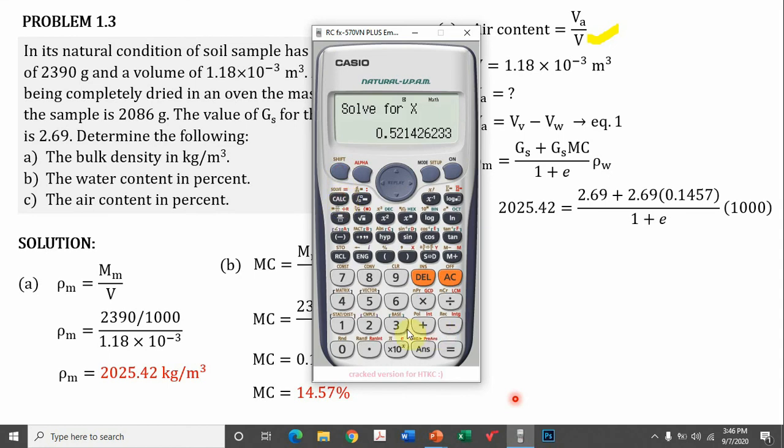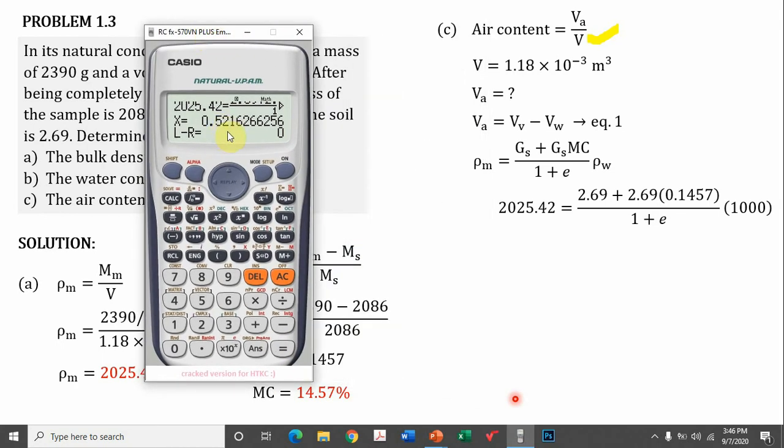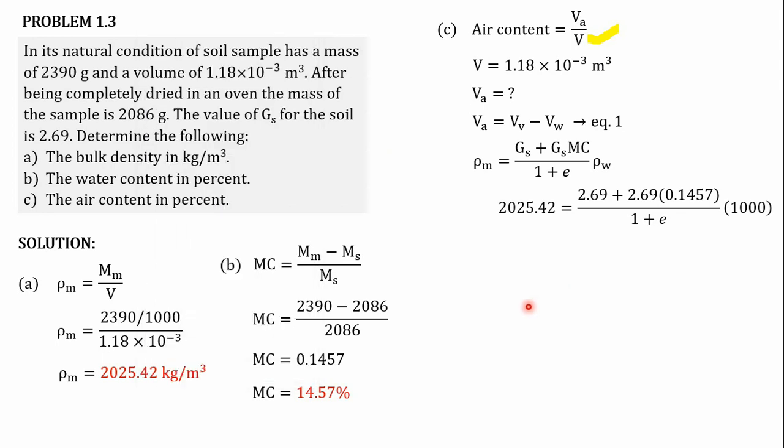So, assume lang tayo, no? 0.4 baka. So therefore, yung void ratio niya is 0.5216. Okay, yung void ratio niya is 0.5216. So, how to solve the porosity?